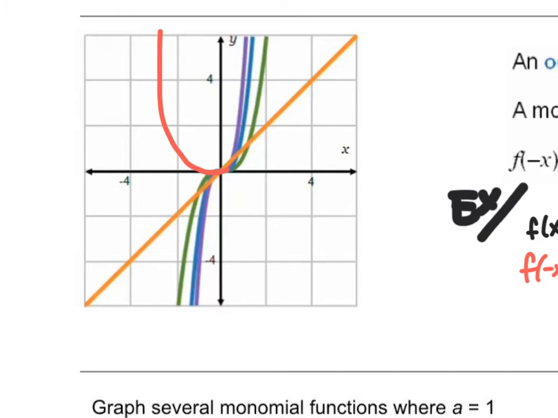The difference with an odd function is that if I plug in 2, I get some y value up here. If I plug in negative 2, I get the opposite, a negative y value. So we call that symmetric to the origin. Have you ever heard that term?